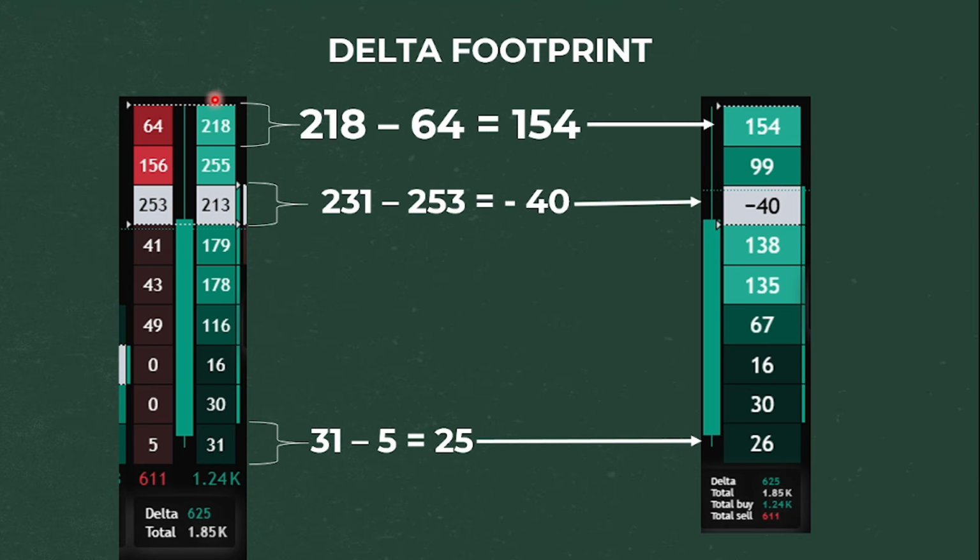Buyers here at the right minus sellers: 218 minus 64 is 154, goes right here, and here 213 minus 253, and it will be negative 40. Goes right here, and let's look at the last one. 31 minus 5, it will be positive 25. Oh, sorry, it's 26, and it goes right here.